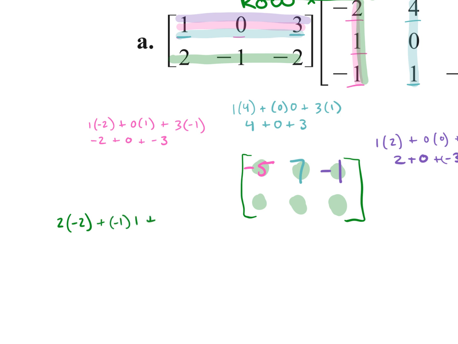And what's next? Negative 2 times negative 1. Perfect. So negative 2 times 2 would be negative 4 plus negative 1 plus positive 2. What's negative 4 minus 1? Negative 5. And negative 5 plus 2? Negative 3.